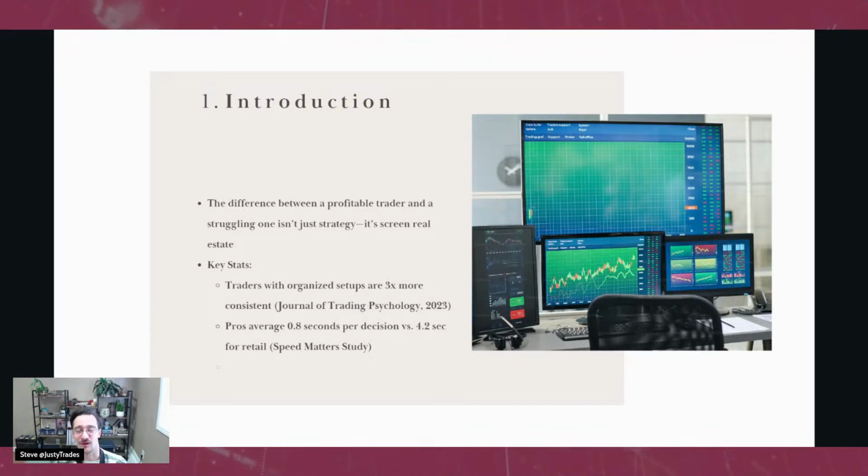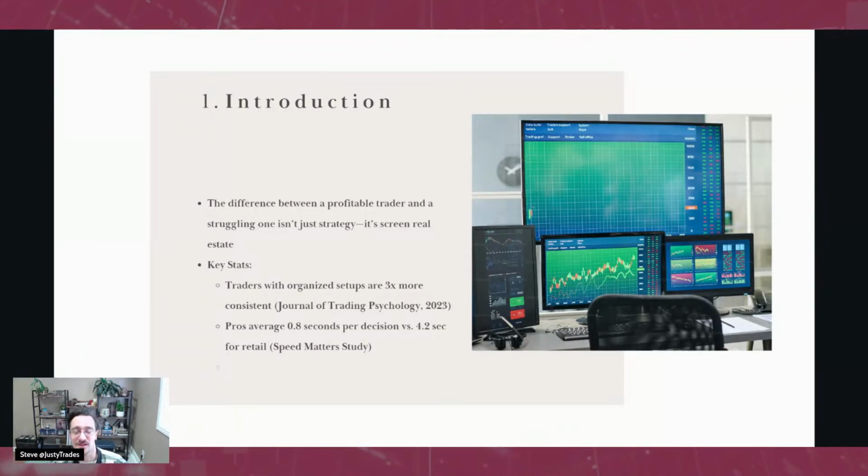I really do believe that the difference between a profitable trader and one that's struggling isn't just about how you're trading. It isn't just about the strategy you're using or the indicators that you're using. It's about being able to efficiently process the information needed to make a good decision.